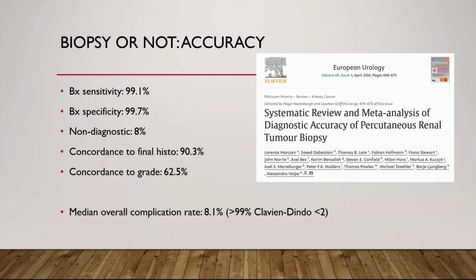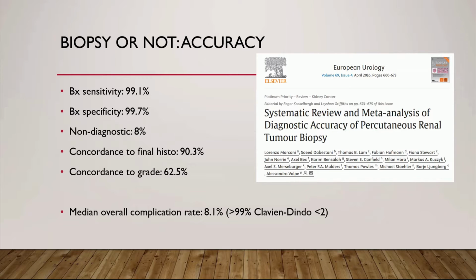A lot of the guideline recommendations, which I've just mentioned regarding renal mass biopsy, have been informed by this study published by Marconi et al. in European Urology, I think in 2016, 2017.